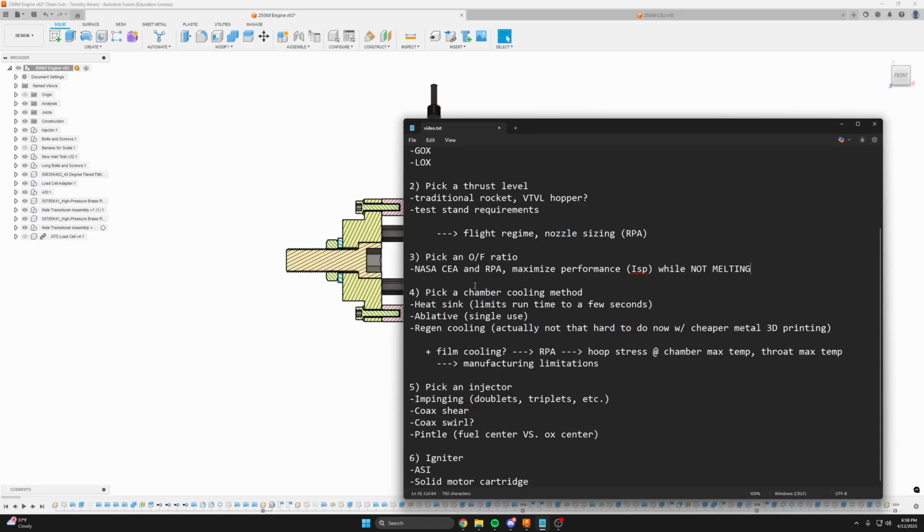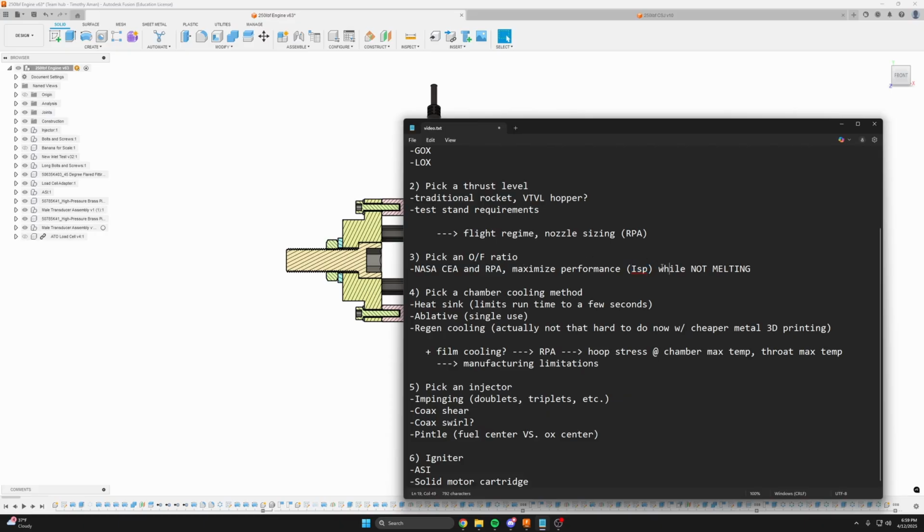Okay, so next I would pick an OF ratio, OF mass ratio. And I mentioned this in the other videos too. You can use NASA CEA and RPA, and they should agree with each other within 10% or whatever. Just good to check both. Generally, assuming you're trying to optimize for something, you probably want to optimize for performance, typically specific impulse, which will lead you to a little bit fuel rich of stoichiometric, or a significant amount fuel rich of stoichiometric depending.